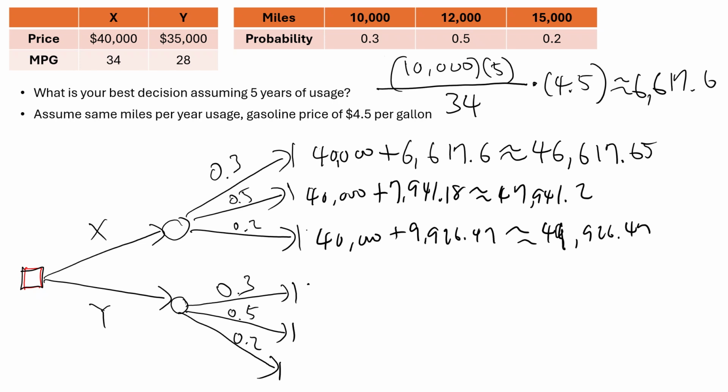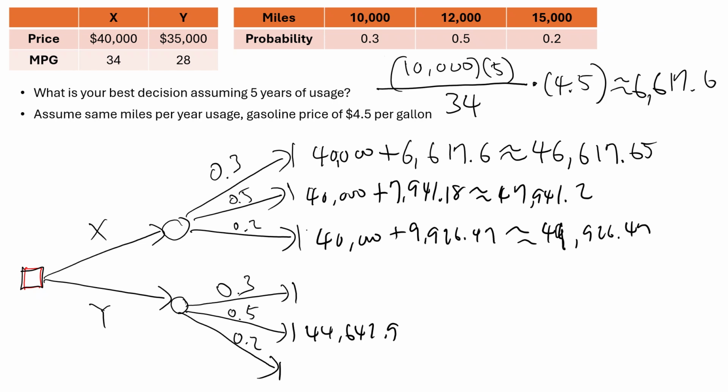Now you repeat this for the bottom branch as well, okay? You should be getting around 47,053.6, 44,642.9, and then 43,035.71. Might have flipped this. Let me make sure. Oh, I'm sorry. I have this flipped. It's the other way around. My apologies. So these two numbers are flipped. So the top value is for the 10,000 miles in a given year.